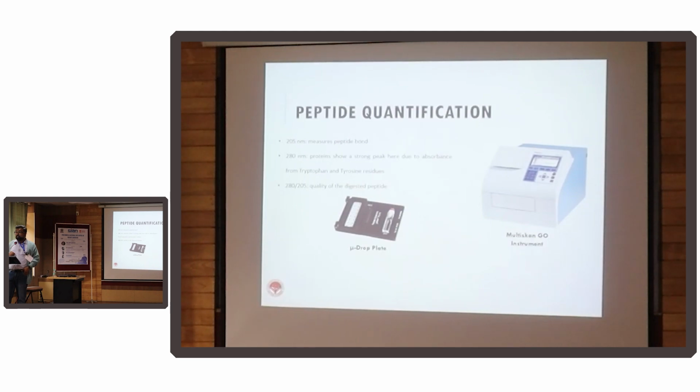If you find a strong amount of peptide bonds, sometimes you can pick up just by the ratio that some of your protein did not get digested properly, or it passed through the column. So these kinds of things can be picked up. This is a very basic method.